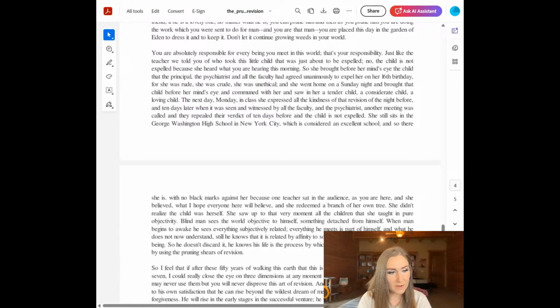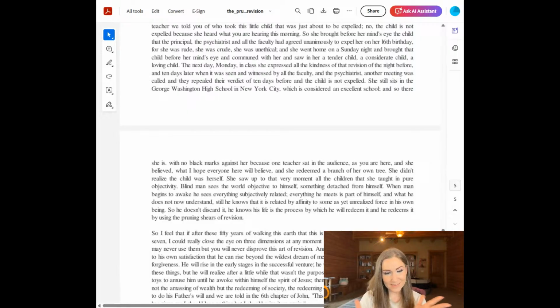And what he does not now understand, still he knows that it is related by affinity to some as yet unrealized force in his own being. So he doesn't discard it. He knows his life is the process by which he will redeem it, and he redeems it by using the pruning shears of revision.